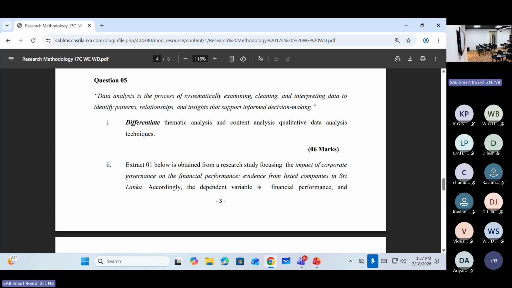A researcher conducts research on barriers for good communication, with special reference to grade 1 to 5 students.